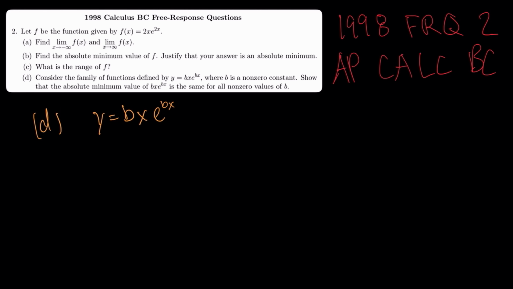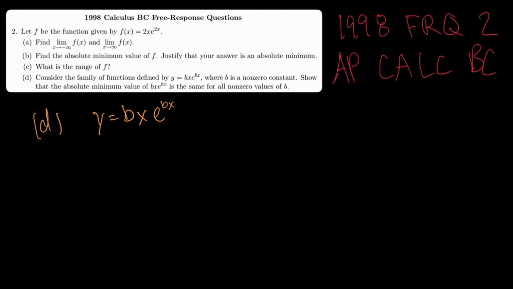So essentially, since we know that the absolute minimum of f of x equals 2x e to the 2x is negative 1 over e, we should find that the absolute minimum of y for all non-zero values of b is also negative 1 over e.